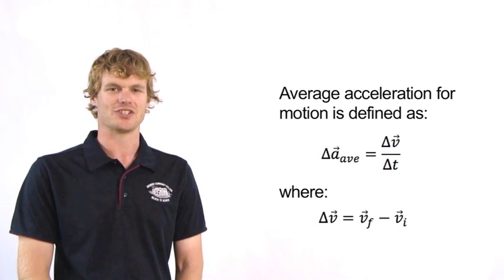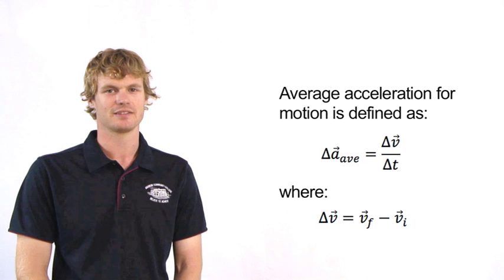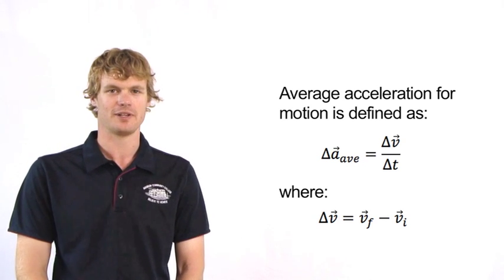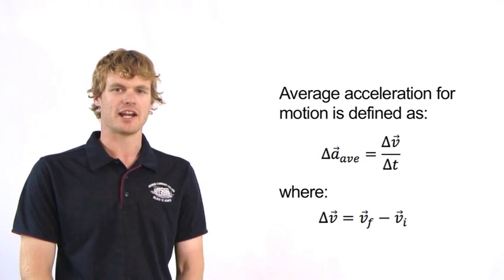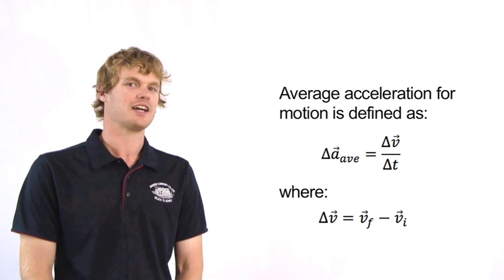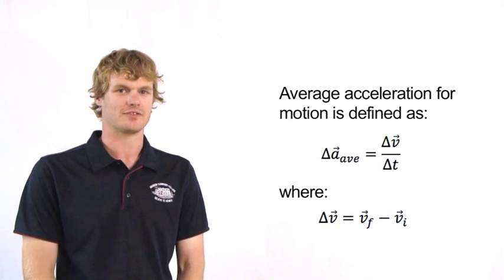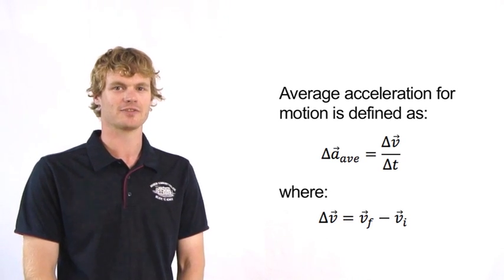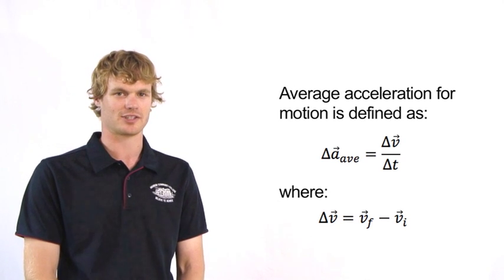So, in motion, we know that the acceleration is the change in velocity over a certain time period. The change in velocity is, as you just saw, delta V. Delta V is the final velocity take away the initial velocity.